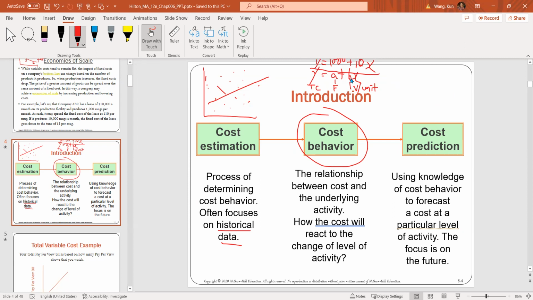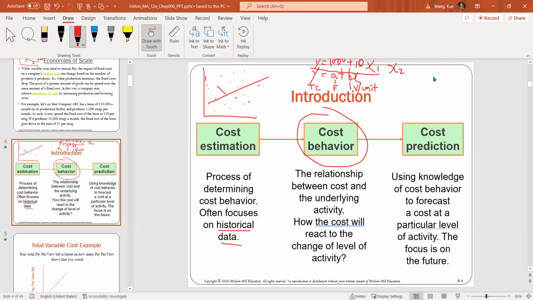This is what we call the simple one-variable linear model. And sometimes, if I use an ABC concept, I have more than one cost driver, and we can use a multivariate linear model, with X1, then X2, or even X3, like a multiple variable regression.